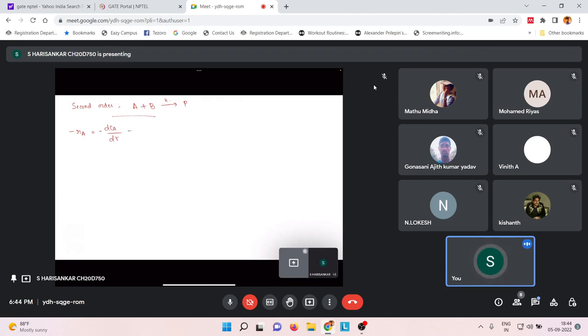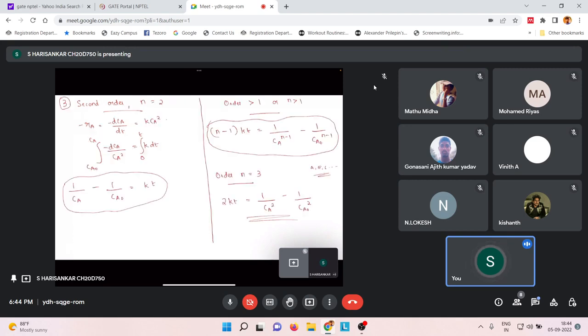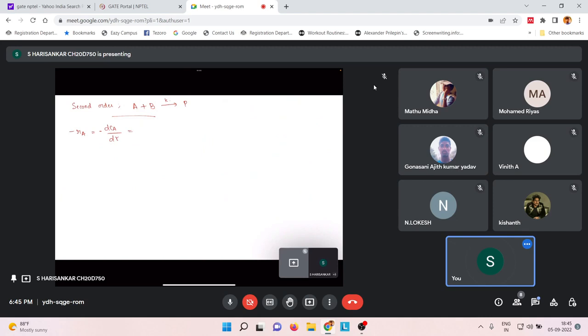We just looked at it as kCa square, because we assumed a very simple reaction here, A giving B. So the rate depended only on the concentration of A, and the order was 2. So the reaction rate Ra is equal to kCa square. Here the rate equation depends on the concentration of both A as well as B. So the reaction rate will be K, Ca and Cb.